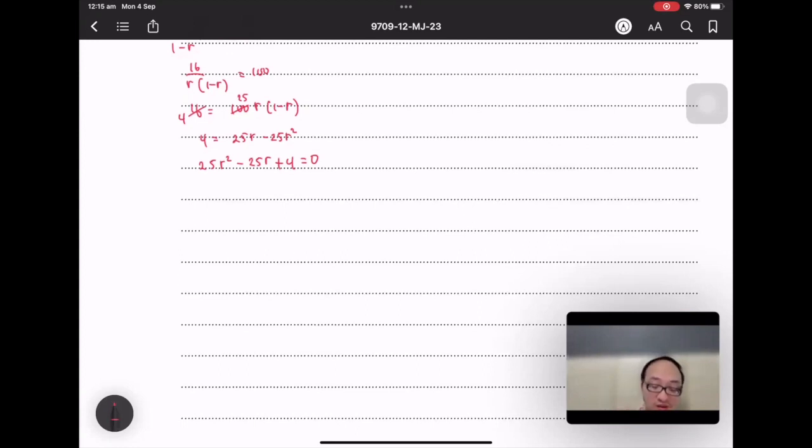So we can factorize to make it 25, 5, 5, and then 4, 1. So minus 20 minus 5. So r equals 1 over 5, or r equals 4 over 5.